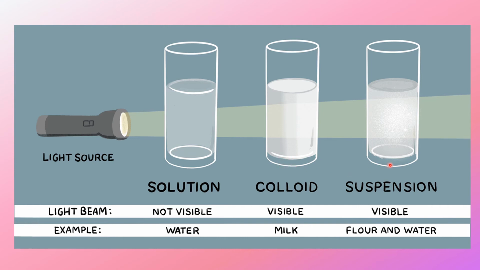Even in the third glass it is visible. In the first, the particles are completely dissolved. In the second, there is a colloid, meaning the microscopically small particles can transmit the light. Even in a suspension, flour and water, the light can be visible.